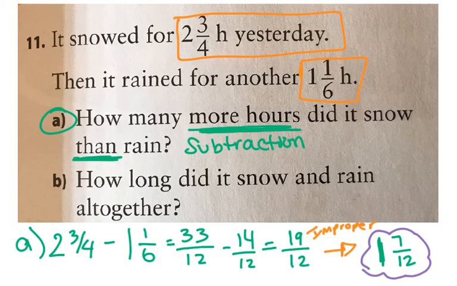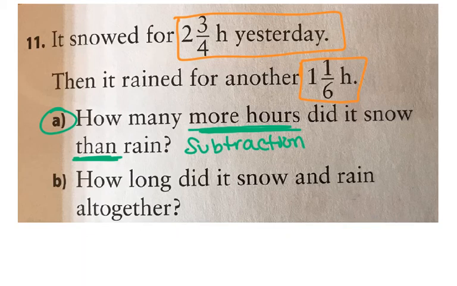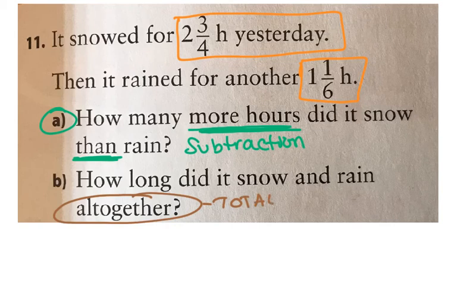Okay, B. How long did it snow and rain all together? That's a total. That's addition, kiddos. Add it up. 2 3/4, 1 1/6. Okay, so you can change it to an improper fraction, or you can just find that common denominator for your 3/4 and your 1/6.